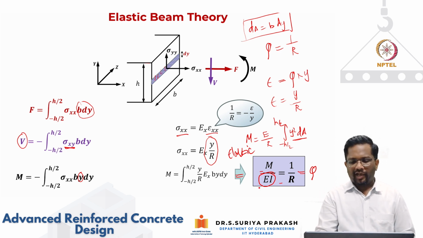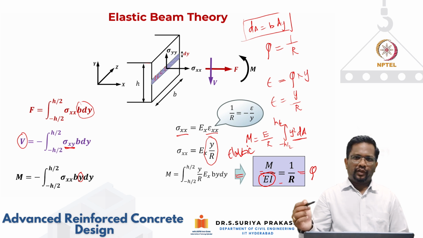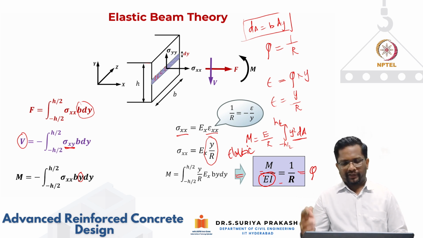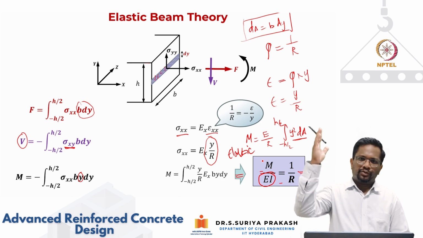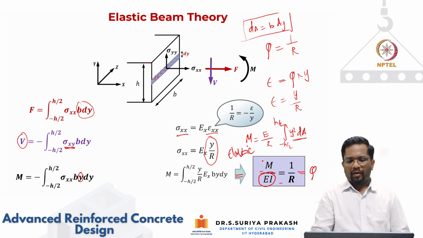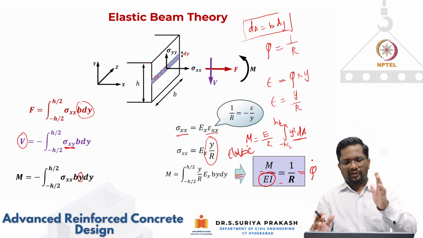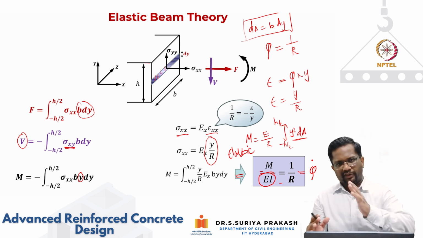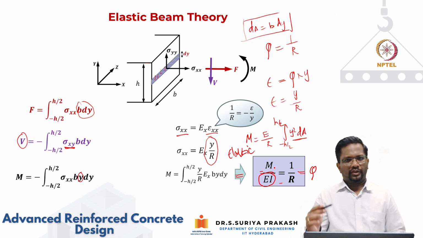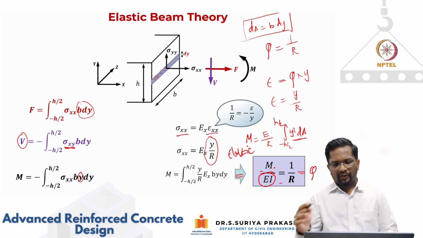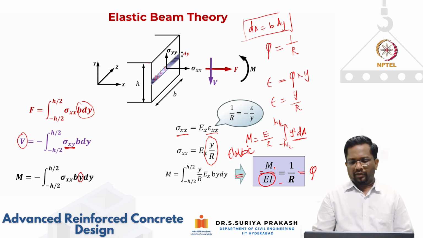So this EI value will keep changing after the concrete cracks. Though your strain distribution will always be linear, depending upon the curvature at which the section is, or how much the section is rotated, your EI value is not going to remain constant. So EI is going to keep changing. This is a factor we have to keep in mind.